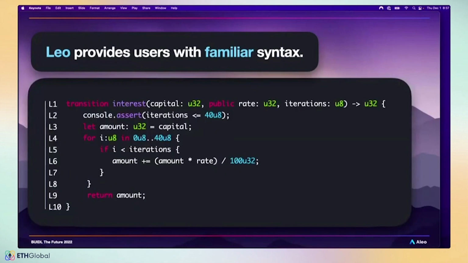So this is the same interest program, but in it, you actually pass in another parameter, iterations. And iterations specifies the number of times you want to compound your interest. As you can see in the body of the for loop, the modification is that if the loop index is less than the number of desired iterations, you accumulate the interest.